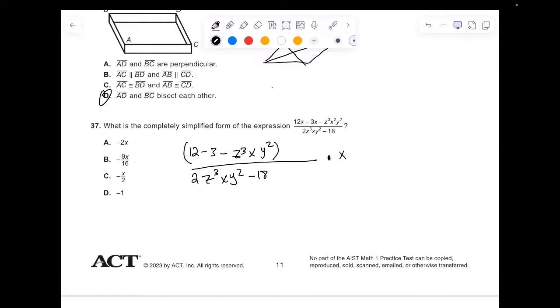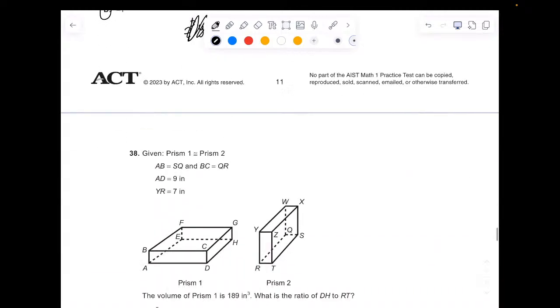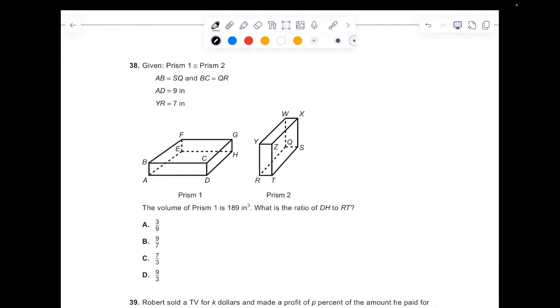I have z cubed and a y squared minus... no, I don't know. I'm just completely checked out. I think he was right. The ACT is just as bad as I remember.